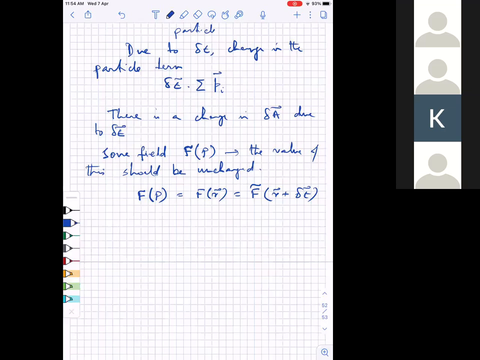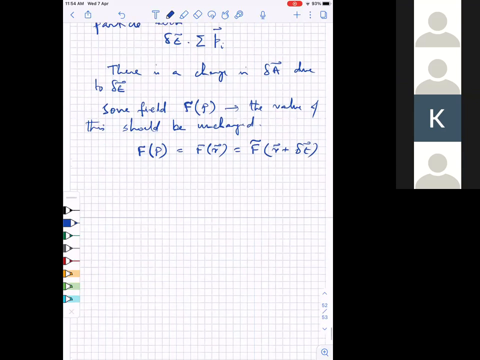Now, if I look at the change of the function at the same coordinate, these two coordinates are different. So when my coordinate changes, the functional form changes, so f becomes f bar, tilde, whatever.